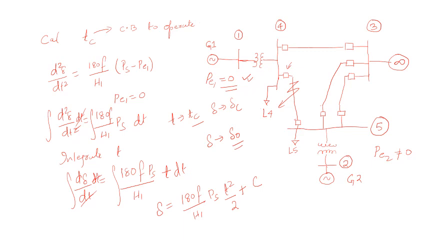So you put t equal to 0, and delta will be equal to delta 0. Finally you get delta equal to 180 f upon H1 times Ps tc square upon 2, plus delta 0. This is my equation.